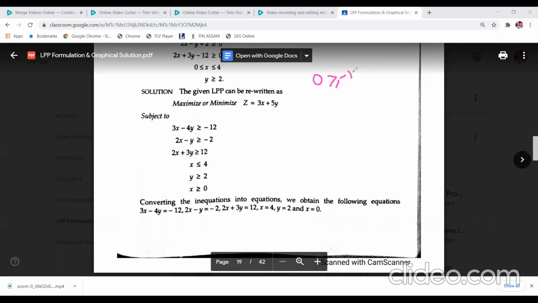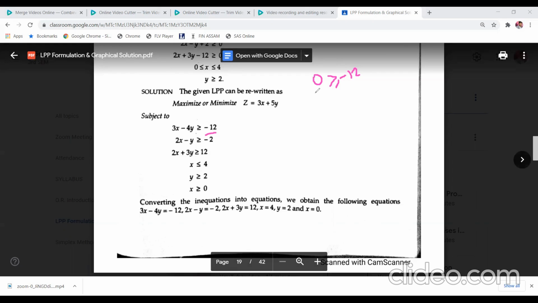Minus 12. And as I have taught you, you just change the sign of this constant term. So it will be minus if you multiply by minus. So minus 3x plus 4y less than or equal to 12.